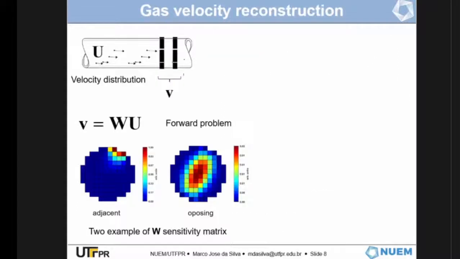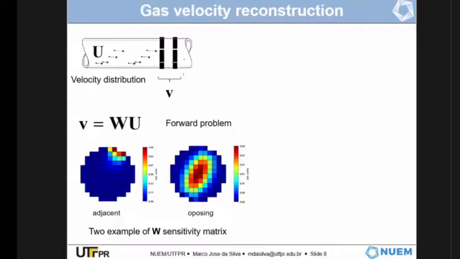So the model comes in the same forward way I did with the images. The problem is non-linear, but I'm linearizing the problem, saying that the true velocity here would be u. It is related to the velocity I'm measuring through also a kind of sensitivity matrix. We call that the weighting matrix.